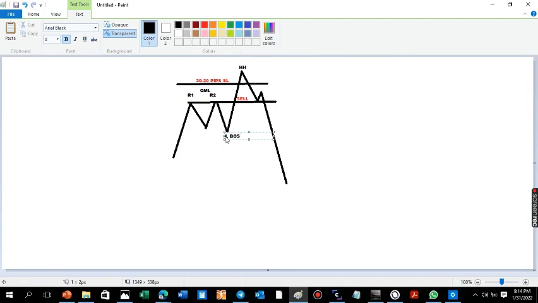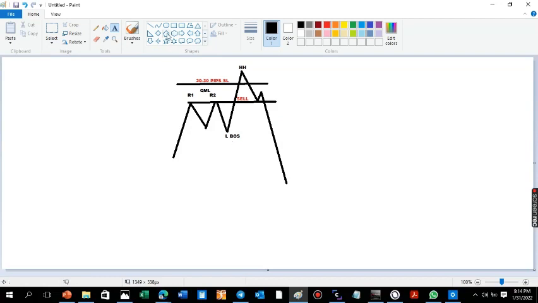So this is our QML, and at this level here we have our low and break of structure right here. If you know a little bit of market structure, you understand that once the structure has been broken, that's a signal that the market is going to reverse.